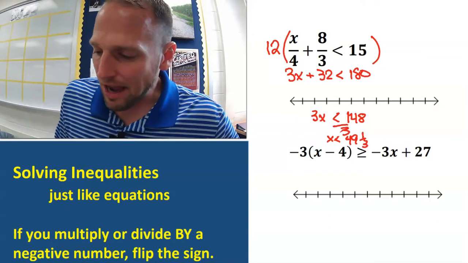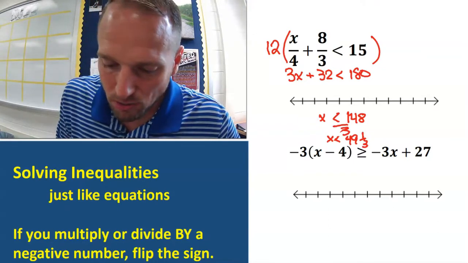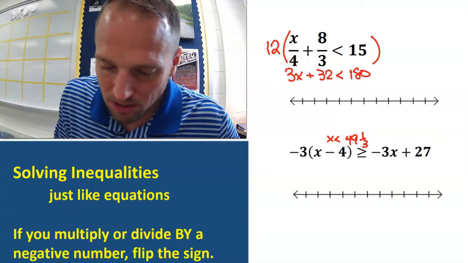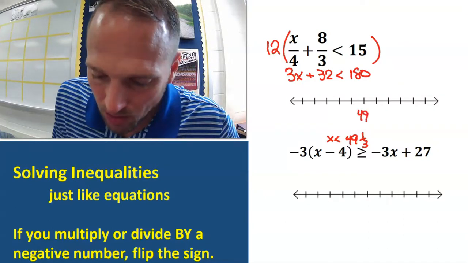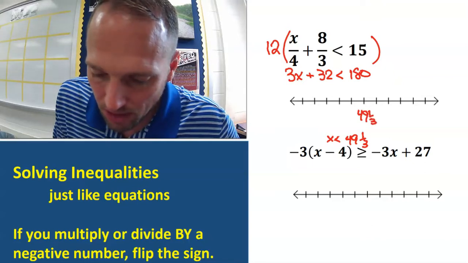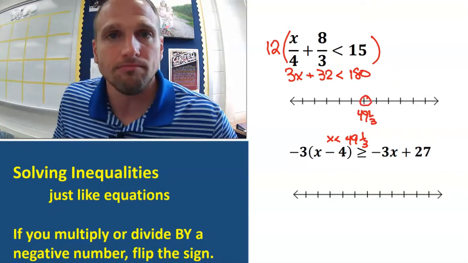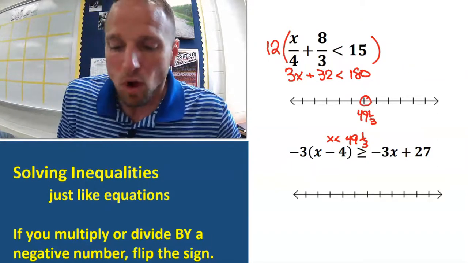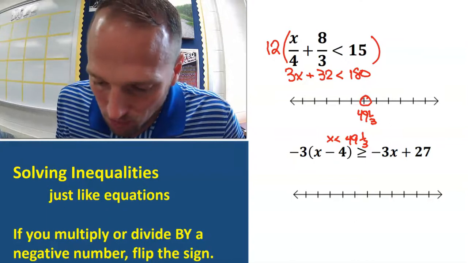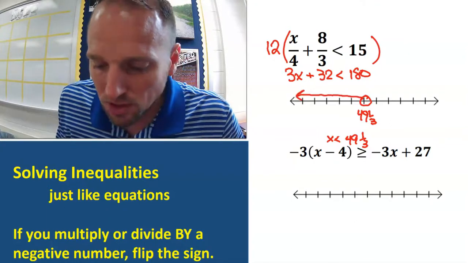So that one did not come out very well, but no sweat. I'm going to erase this so that we can get this up here. Let's just call this point right here exactly 49 and 1/3. Can I do that? Yep, I sure can, because there's no numbers on there. So I'll just call that one 49 and a third. Open circle, and that arrow is definitely pointing to the left, so it's coming there.